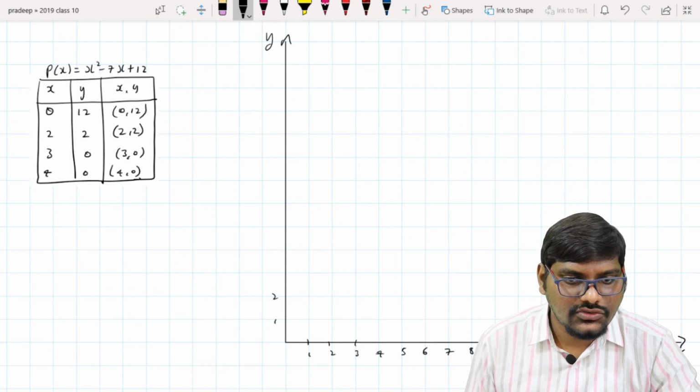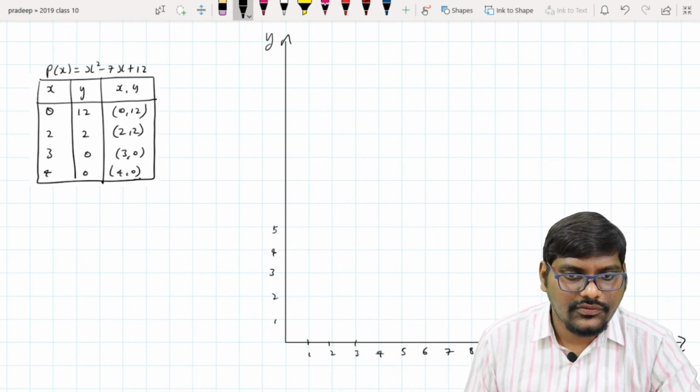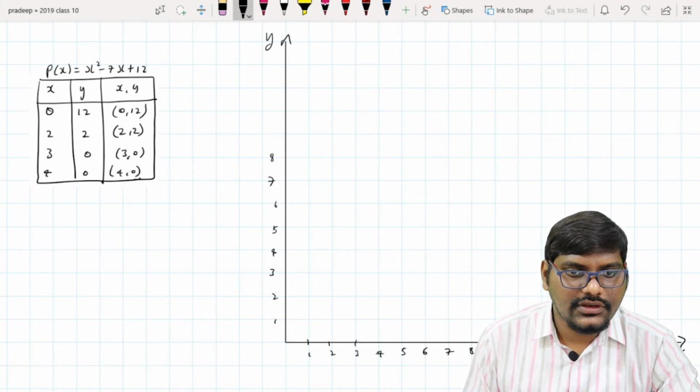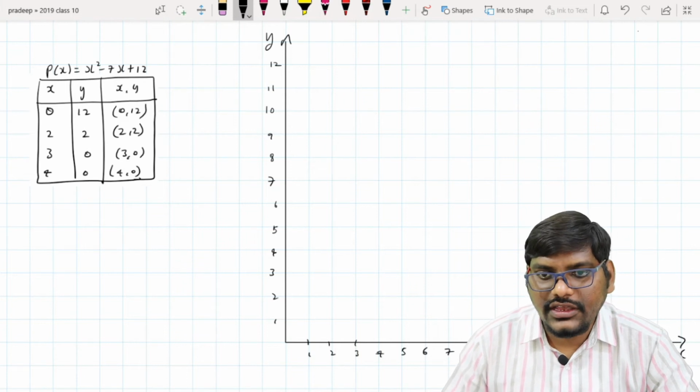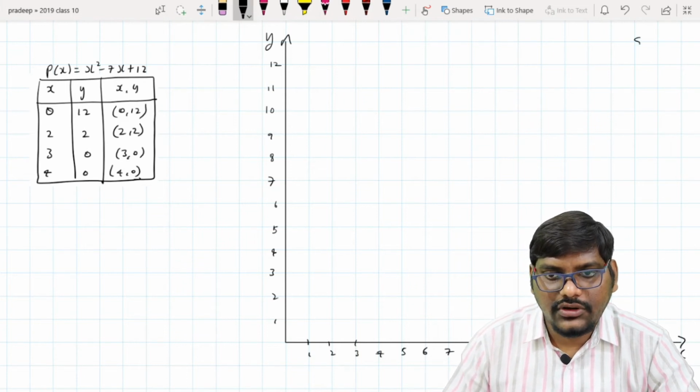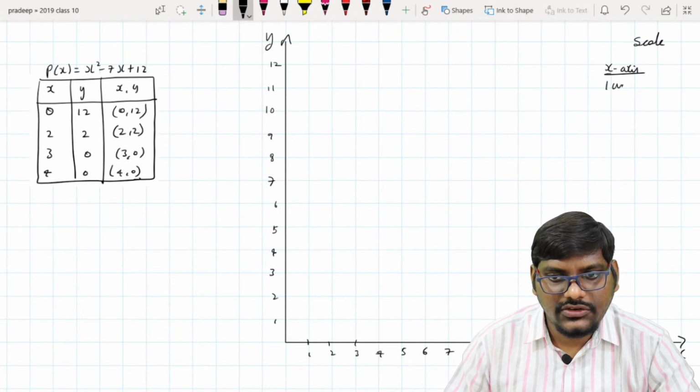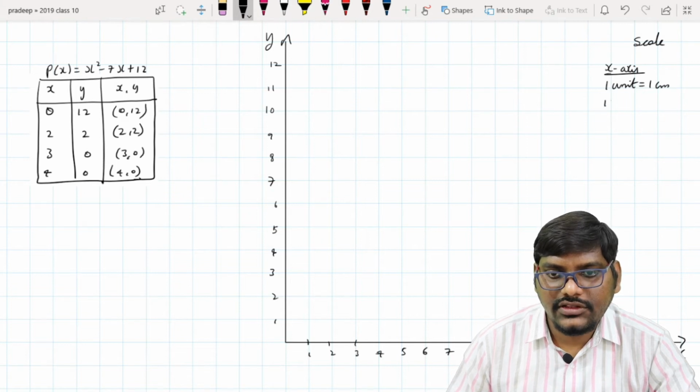So 1, 2, 3, up to 12. We'll write the scale also, because scale is very important. On the x-axis, 1 unit is equal to 1 centimeter, and on the y-axis also we take 1 unit equal to 1 centimeter.